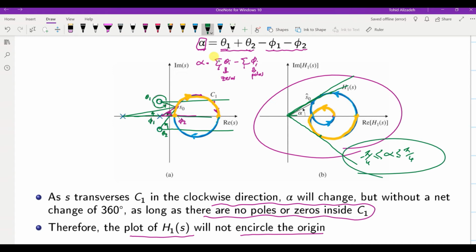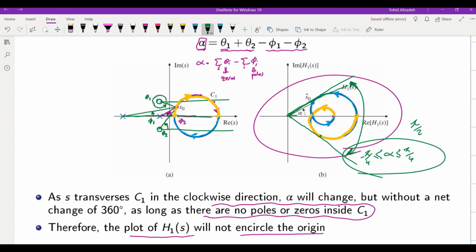The exact values might be a little bit different than what I have written here, but we can see that the net amount of change is smaller than 360 degrees. As a result the mapping will not encircle the origin.